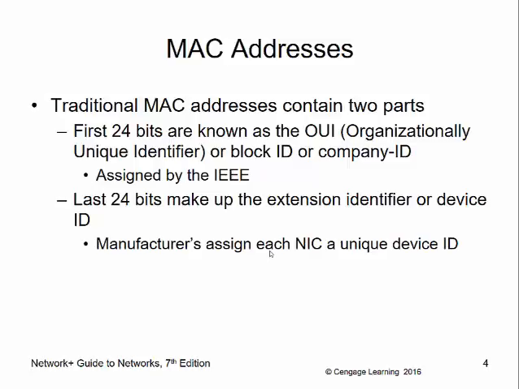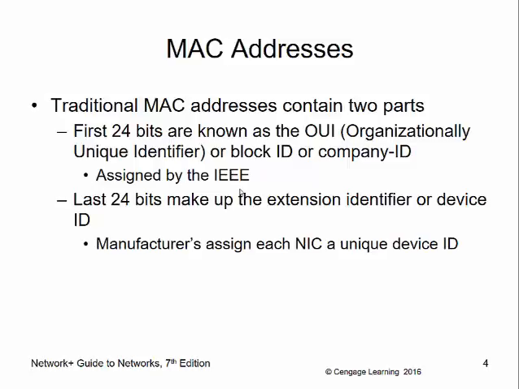But how do they get this? What's this thing about a 48-bit address that is globally unique? It's done this way. 48 bits, you cut it in half. So I have two 24-bit pieces. The first 24-bit piece is known as the OUI, the Organizationally Unique Identifier. This is assigned by IEEE, and it is assigned to individual companies.